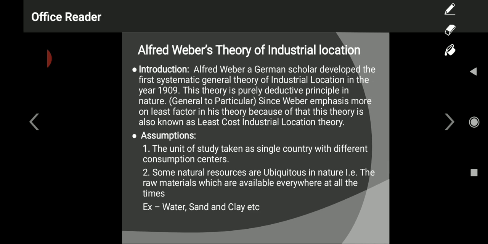Now, a very interesting topic. This is the most important topic, my dear students, when it comes to examination. Many times, this question was there in the 15 marks. That is Alfred Weber's theory of industrial location. They may ask the same question, explain the Weber's theory, or they may ask Alfred Weber's theory of industrial location as a 15 marks question.